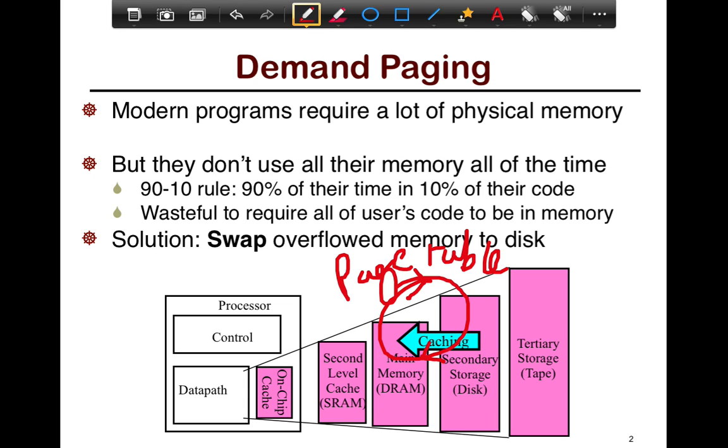I just wanted to clarify that the 90-10 rule, while in general applicable, is not necessarily true for all programs, and in fact is not true at all for most recent programs, a lot of important programs we look at today. For example, web servers.